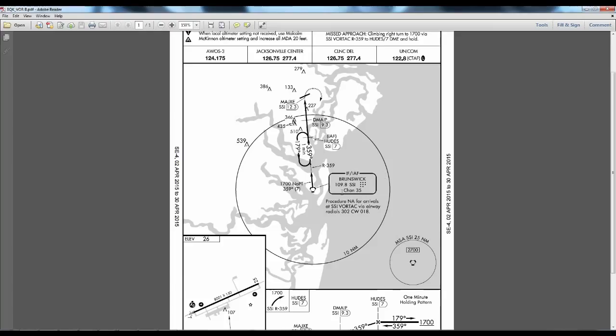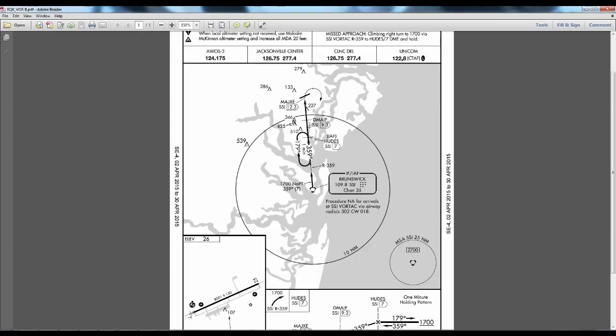Note this one has a 10 nautical mile circle around Brunswick. What does that mean? Well, that means everything is drawn to scale inside that 10 nautical mile circle. Normally that means they want you to stay within that circle when doing a procedure turn. But as you can see, we have to go outside of that circle to find the airport.